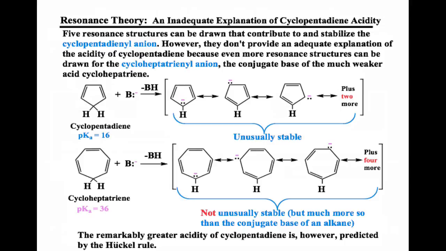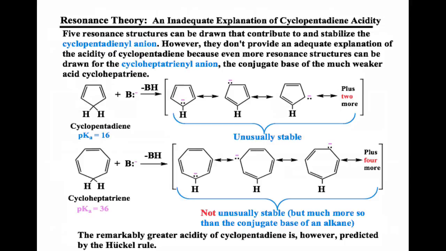About 50, right? If you took methane and you tried to deprotonate it, the pKa you'd find out would be about 50. Look what the pKa is for cyclopentadiene. 16. What is close to 16 that's not organic? Water. So sodium hydroxide can deprotonate this sp3 carbon-hydrogen bond.